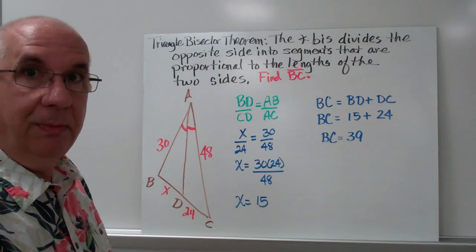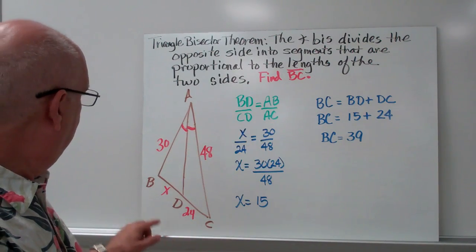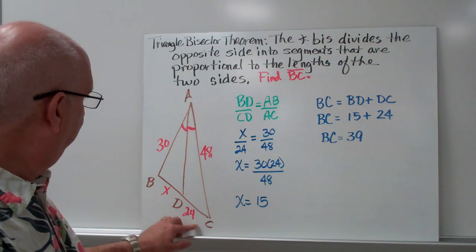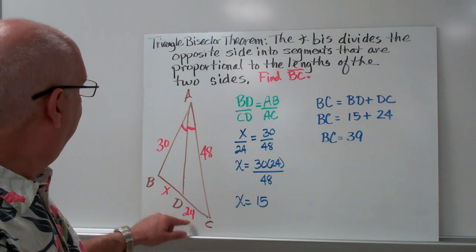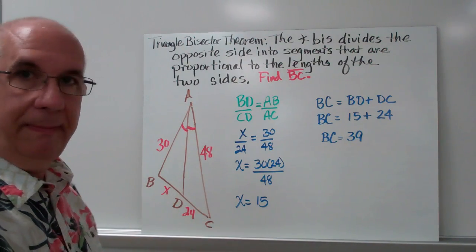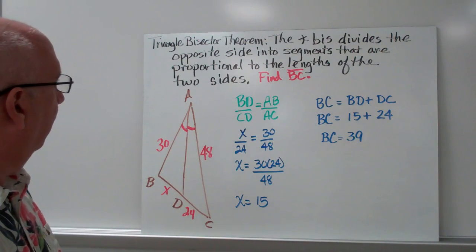Putting it in mathematic terms, this is what that means. Segment BD is to CD, this is to this, as AB is to AC. Substitute what you know.